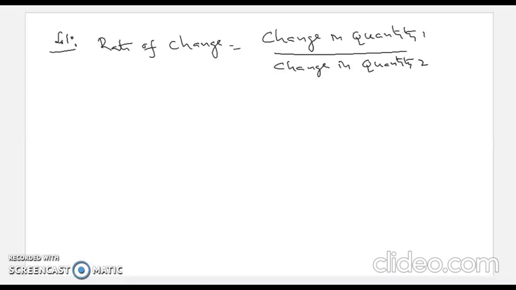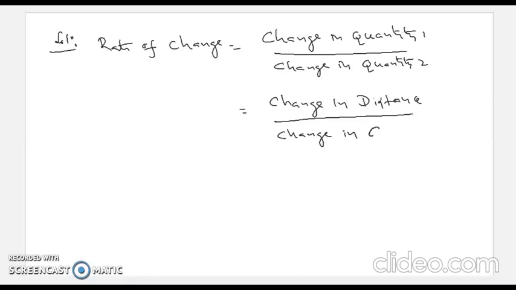Okay, what are the quantities here? The first quantity is distance, so we are going to find the change in distance divided by the change in the second quantity, time.